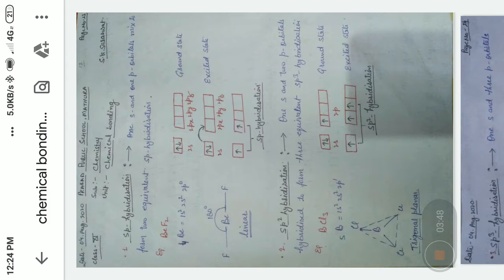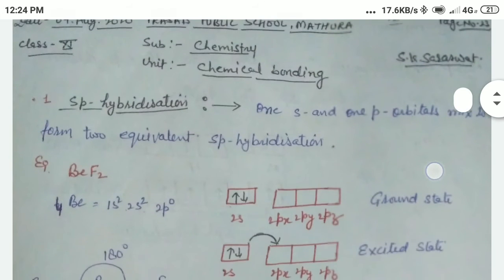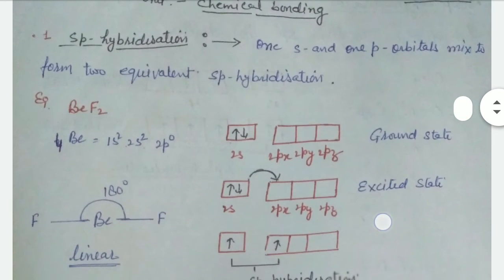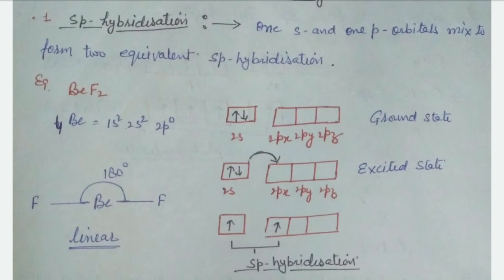First is sp hybridization. In sp hybridization, one s and one p orbital intermix to form equivalent sp hybrid orbitals. Those having valency 2 show sp hybridization. Like this, Be has 2s2 2p0. It means it has 2 electrons in the s orbital and 0 electrons in the p orbital.